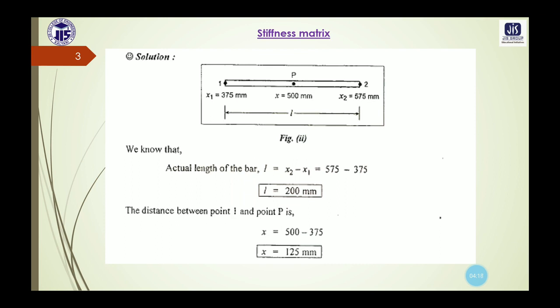Now the distance between point 1 and the point P can be calculated using the formula x equals 500 minus 375, which is x minus x1 actually. So the distance between point 1 and point P we are getting as 125 millimeter.